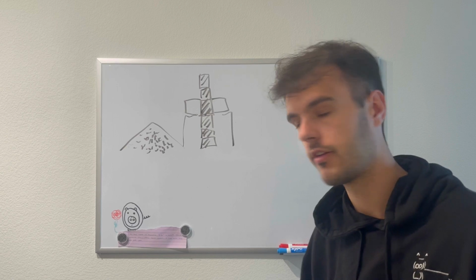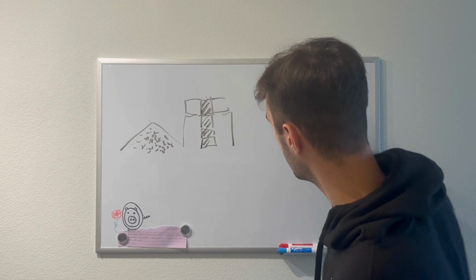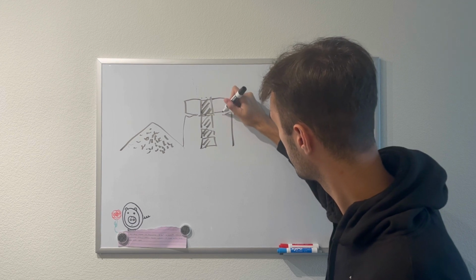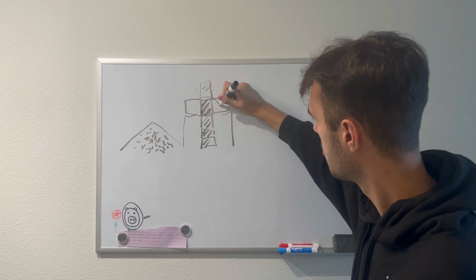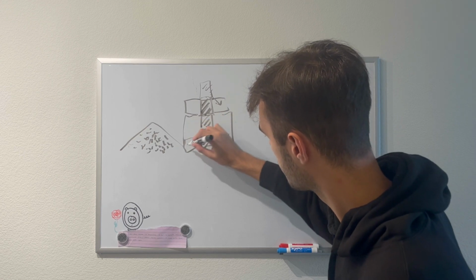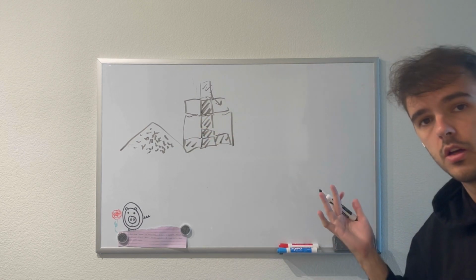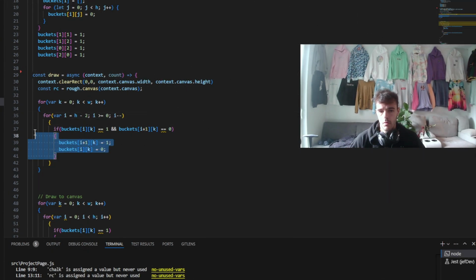Just add it on top. But if these are empty, then we might want to say, okay, instead of putting the sand here and making our tower even taller, move it to the side and bring it down here. Easy.